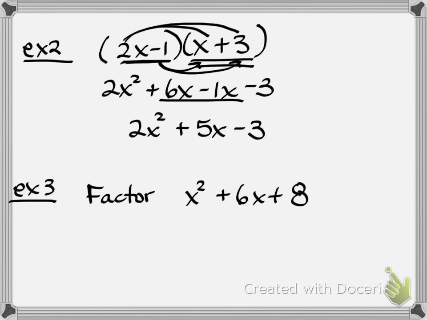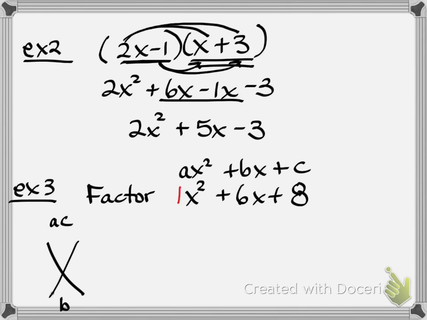Well, if you were here, we factored using the x method, where we did a times c at the top and b at the bottom, and we used the general formula ax squared plus bx plus c. So a is 1, b is 6, and c is 8.